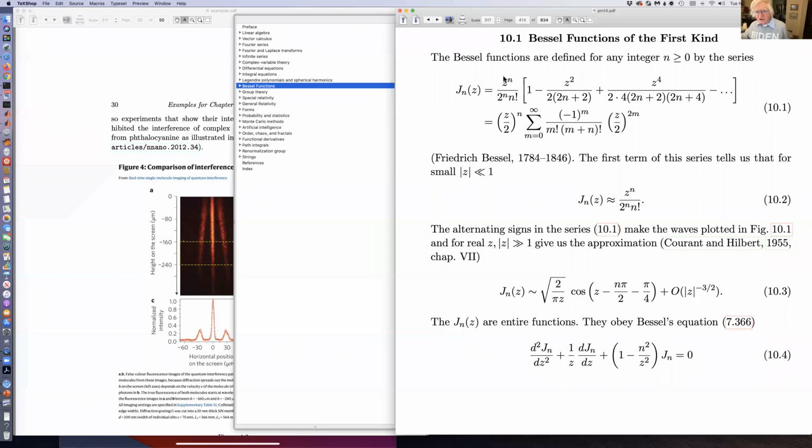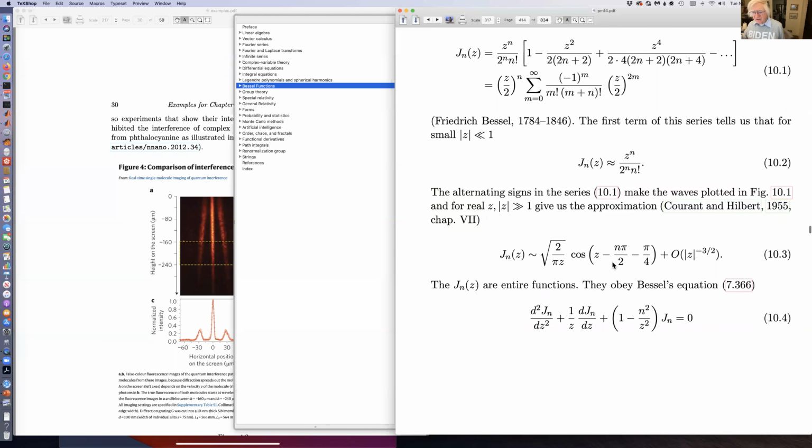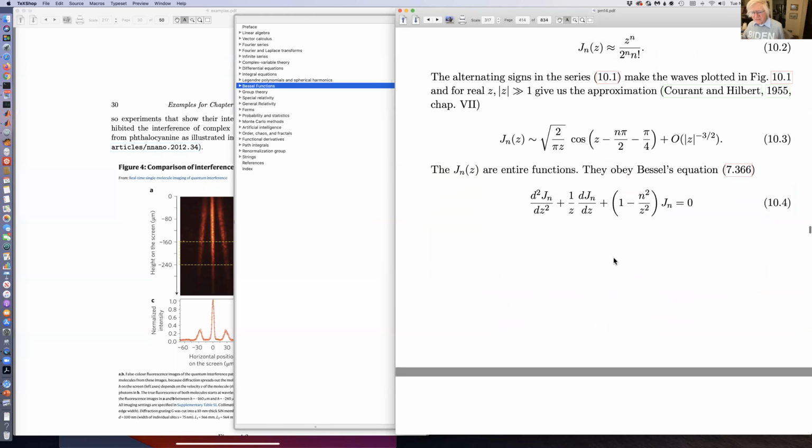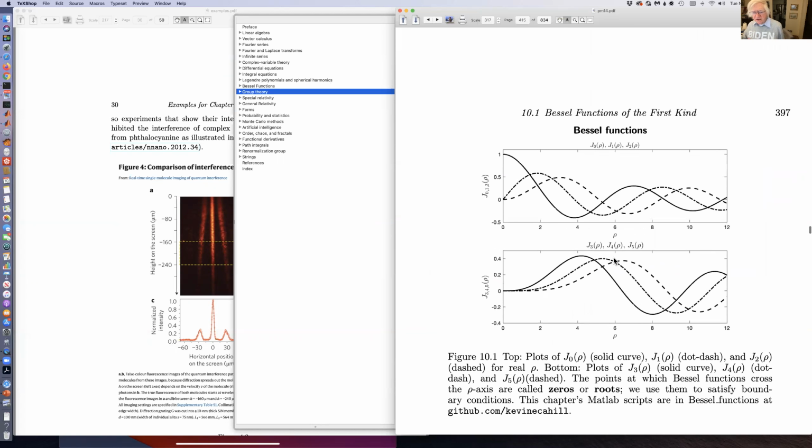If you look at the first term of the series, you see that for small argument, they're going to be z to the n over a constant, 2 to the n times n factorial. And then the alternating signs mean that as you get z bigger, they turn into a cosine. Here they're plotted.